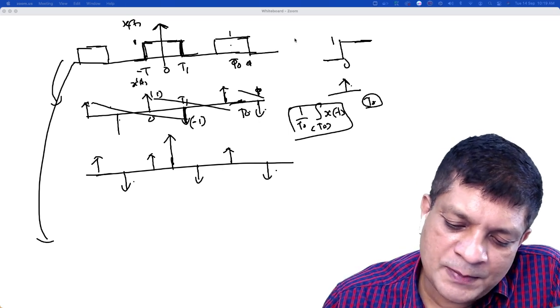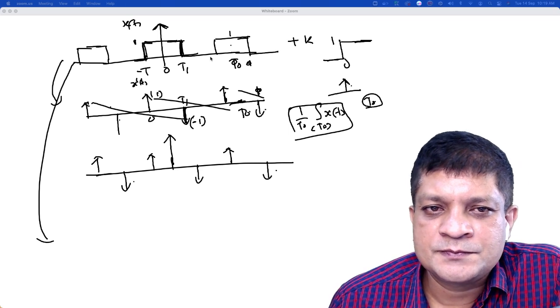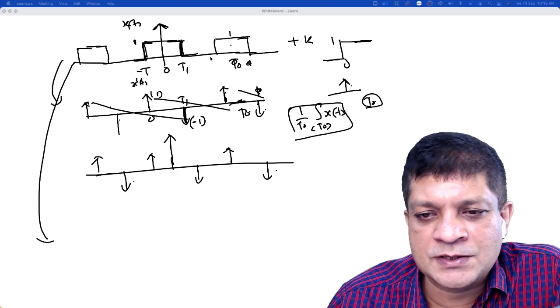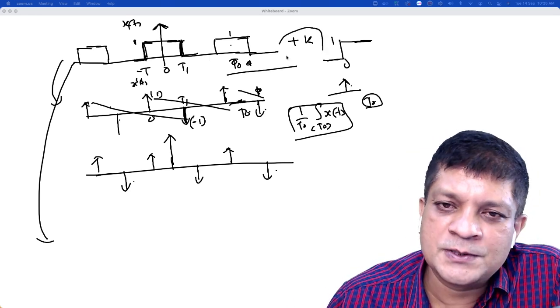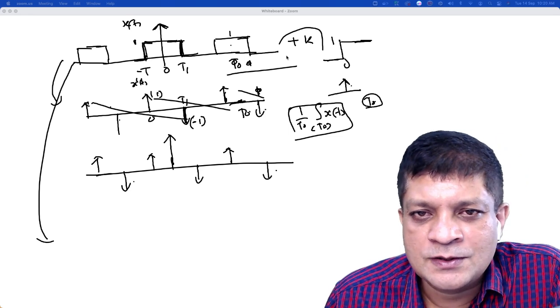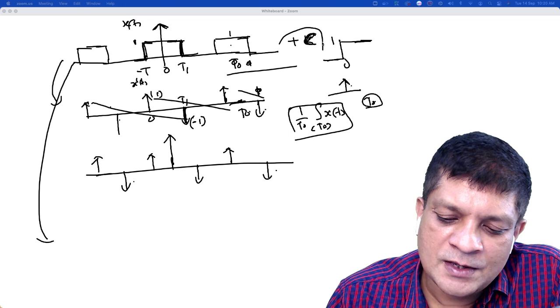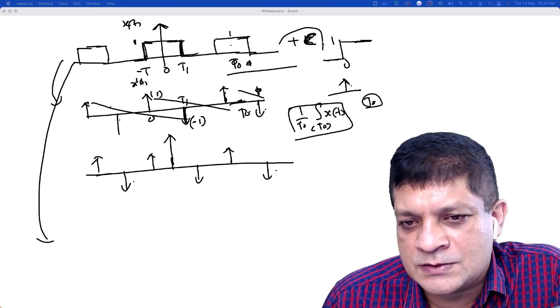Now, what will happen if you add a constant value to this signal? That is a DC shift, isn't it? If you add a constant value to the signal, it will be shifted up or down. Let's take c. If c is positive, it is shifted up, and if c is negative, it is shifted down.